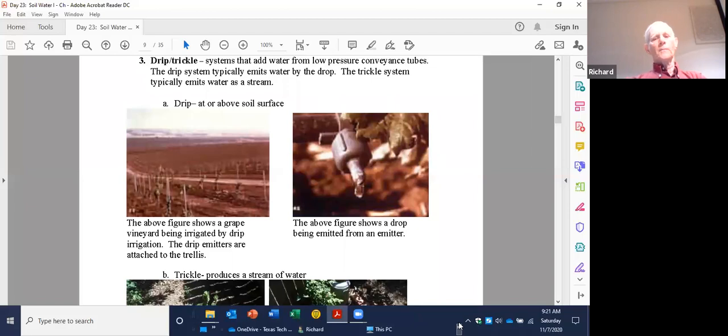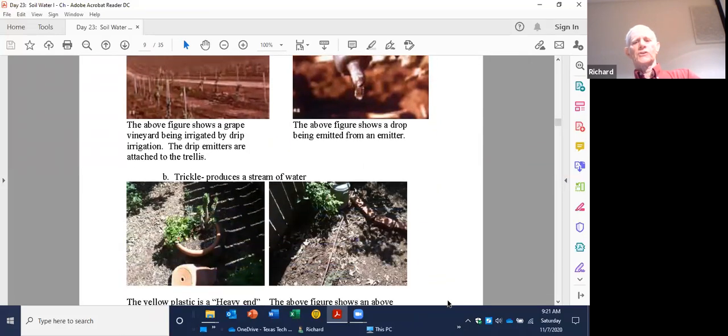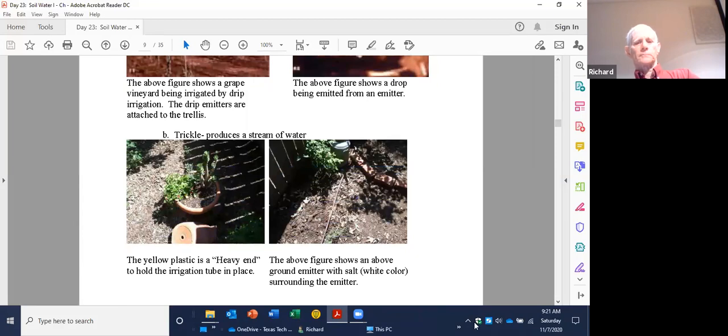The drip emitters are attached to the trellis, and water goes from the emitter tubes down to the soil surface. The figure on the right shows a drop being emitted from an emitter tube. Trickle irrigation produces a stream of water.